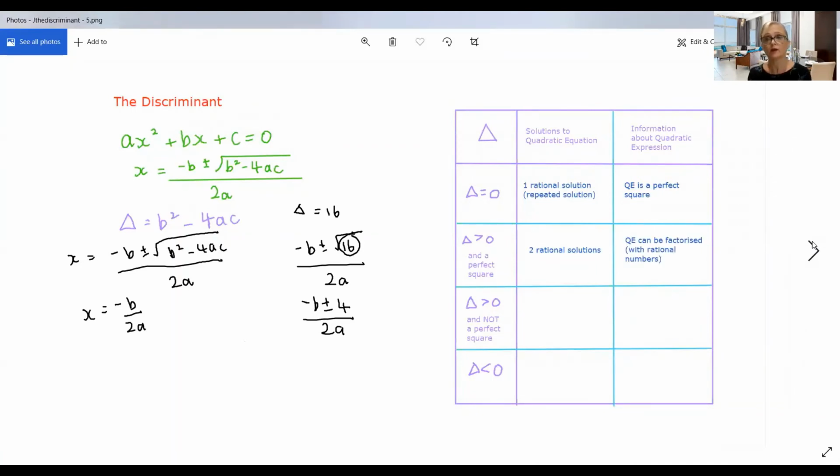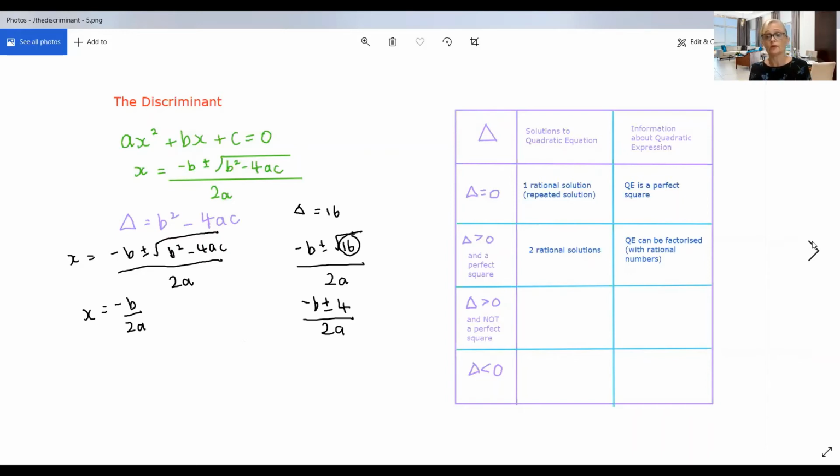So if ever you have a quadratic expression and you're having trouble factorising it, say it's got slightly unusual numbers and you're having a little bit of trouble splitting that middle term, and you're not sure. If you work out the discriminant and the discriminant comes out to be a perfect square, so 1, 4, 9, 16, 25, 36, any of those sorts of numbers, then you know that in theory at least that can be factorised, so you might as well persist in that endeavour.